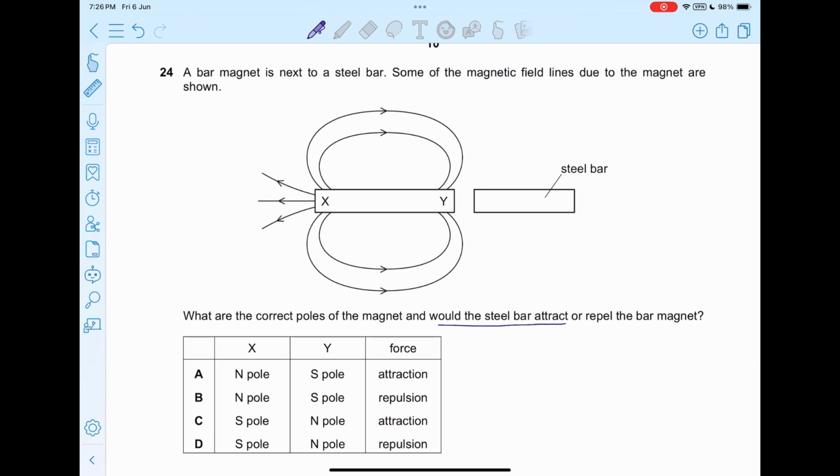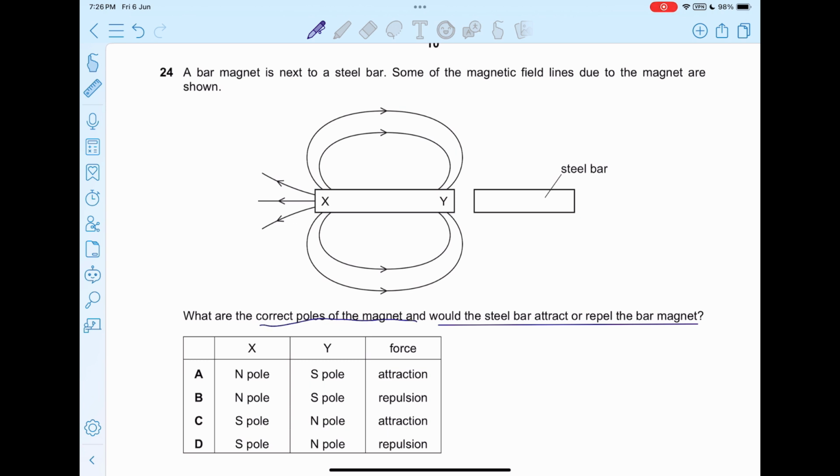A bar magnet is next to a steel bar. Some of the magnetic field lines due to the magnet are shown. Okay, what are the correct poles of the magnet, and would the steel bar attract or repel the bar magnet?